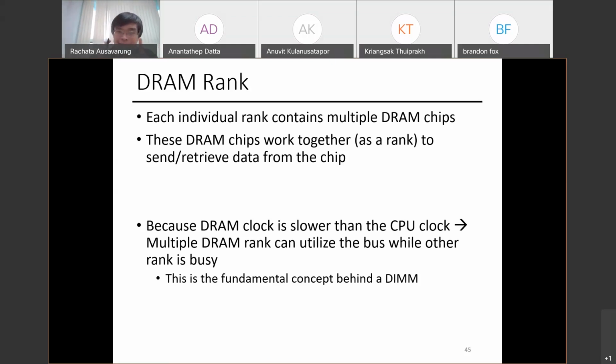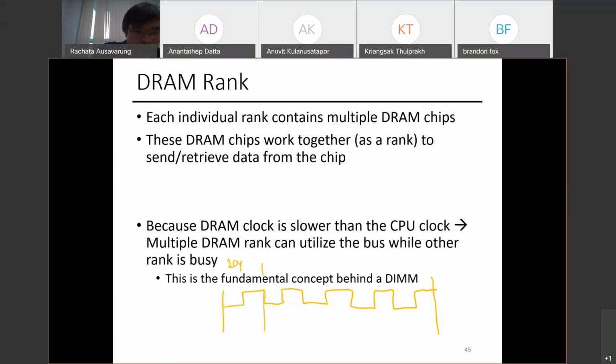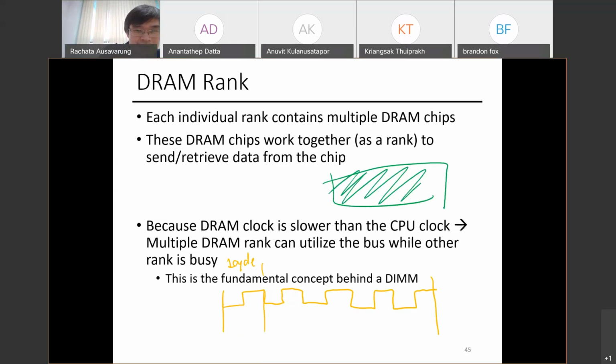And what I mean by this sentence is this. If you look at the clock that looks like this, and this is one cycle of the DRAM clock. If you look at DRAM, this green thing here, you have multiple chips, right?